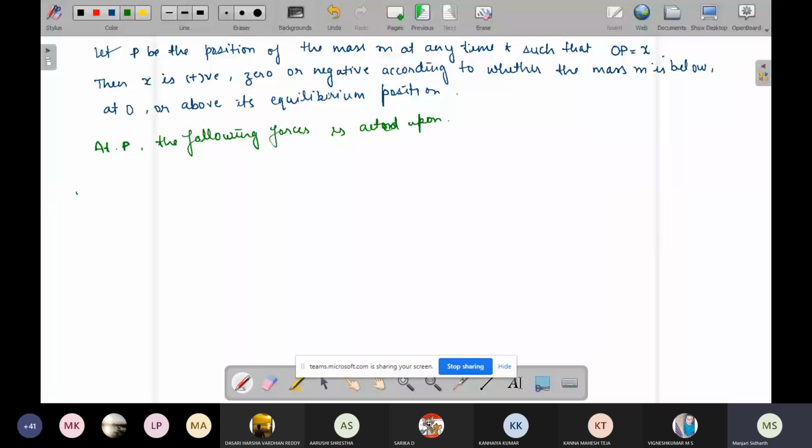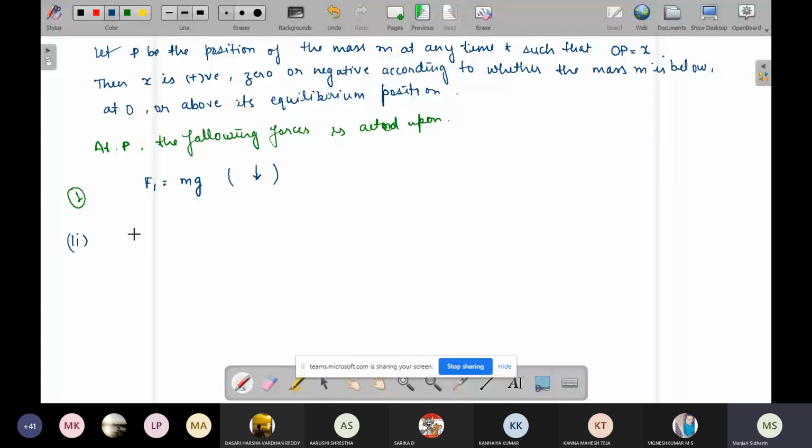First one, at this position P, the force due to its weight, due to its mass, F1 is equal to mg, right? It will work vertically downwards, weight always, okay?